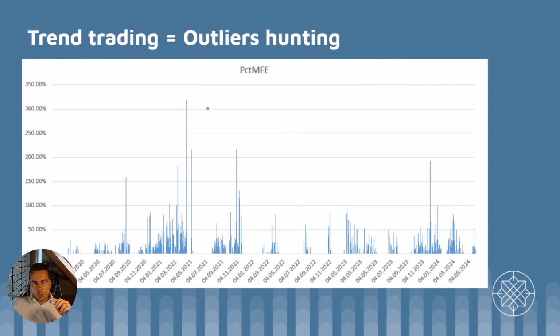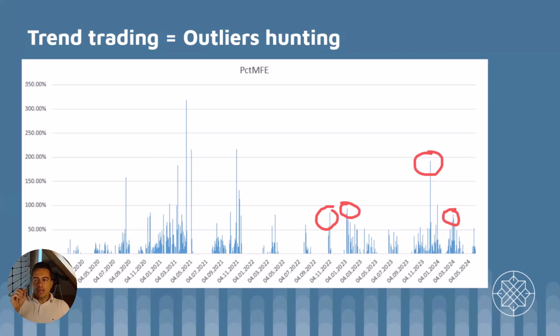This chart is showing us the best open profit during every trade with our momentum catcher breakout strategy. You can see that sometimes you get MFE, or maximum open profit, of up to 200%, 75, 80, again above 50%, 75% again. You get these open profits from which you will make the most money.